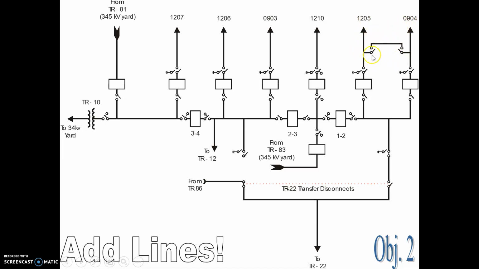The ice melt disconnects can be closed to generate heat through I squared R losses, which helps maintain the lines free of any ice buildup. Another symbol that we didn't talk about with the 345 kV switchyard drawing was this grounding disconnect. We have the ability as part of our maintenance to ground the line using a grounding disconnect. And that's there for personal protection if the overhead line workers had to go to work on any of the lines.